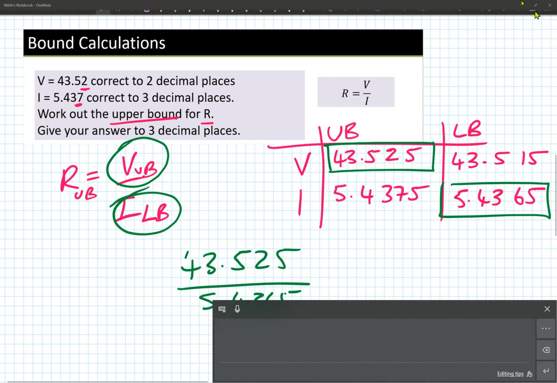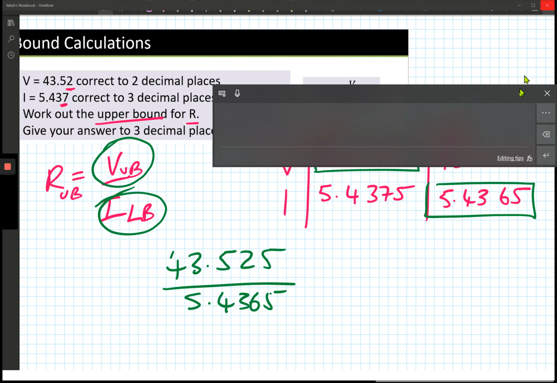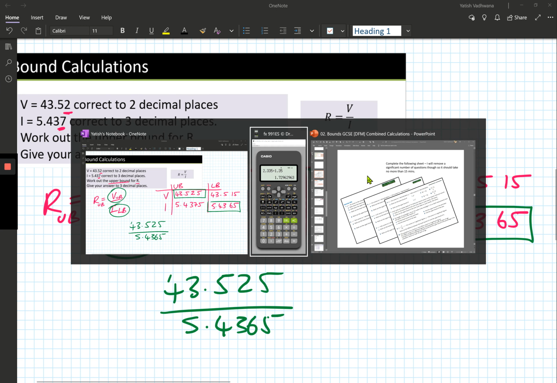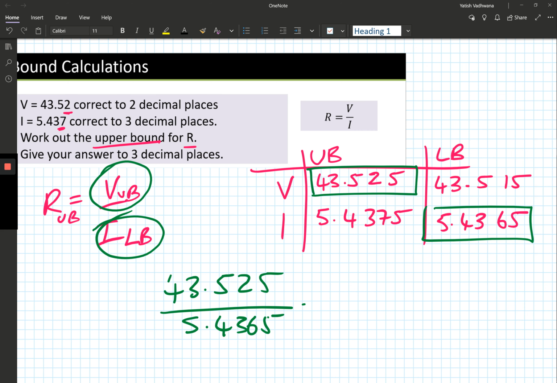On your calculator, we can work out what this is. So 43.525 divided by 5.4365. And answer to 3 decimal places is going to be 8.006.